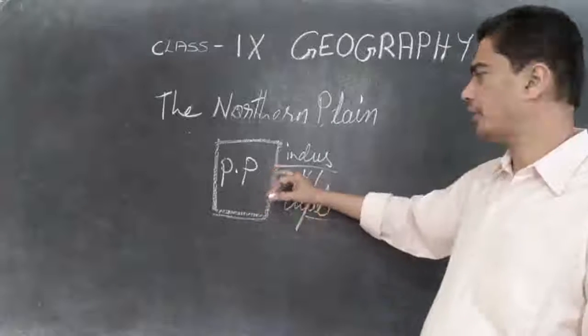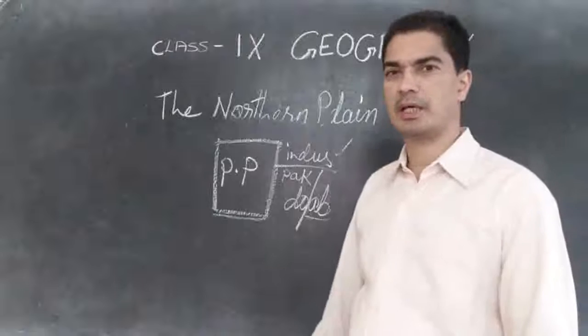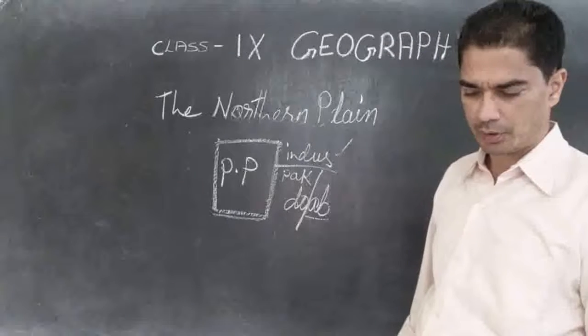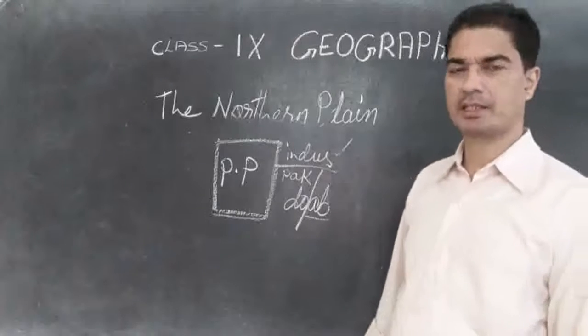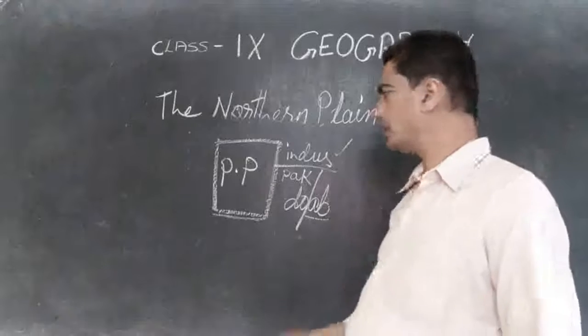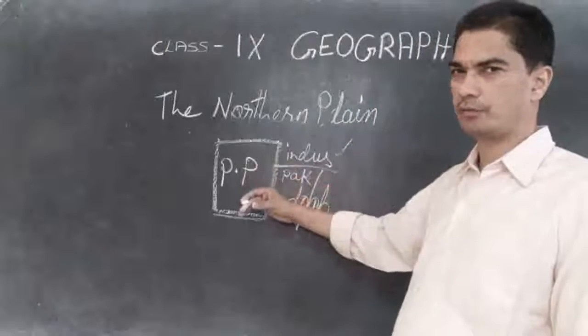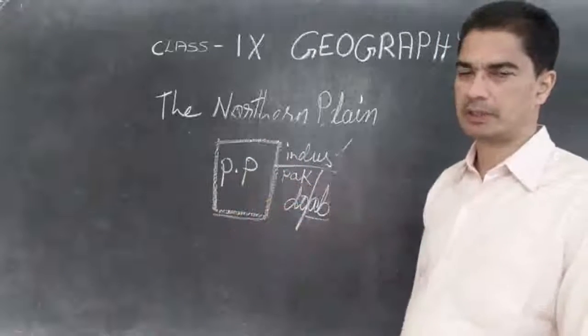This area is drained by the Indus River together with its tributaries like the Jhelum, the Chenab, Ravi, Beas and Sutlej. So five tributary rivers are there. All these bring down a lot of alluvial soil and make this area fertile.